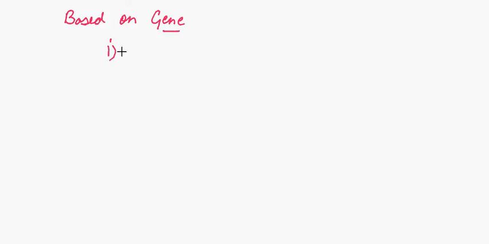So the first thing we need here is the identification of the gene. Which gene we want to study, or which gene we want for our work. So we have to identify that gene.